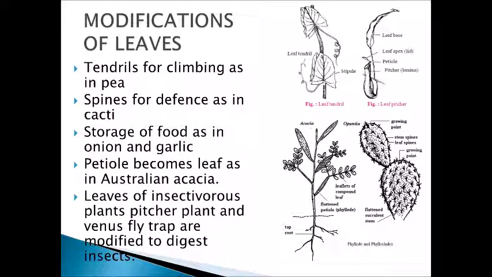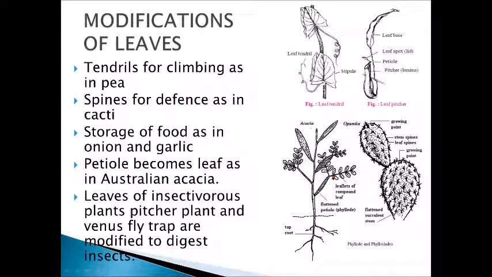Yet another example is Australian acacia, where petiole becomes leaf. Here, this is the plant which is called Australian acacia. In this, the small leaflets of compound leaf are short-lived. These leaves remain for a very short period of time.